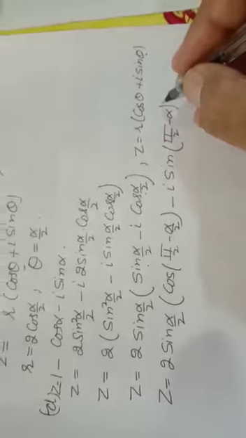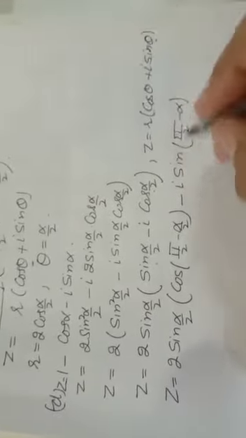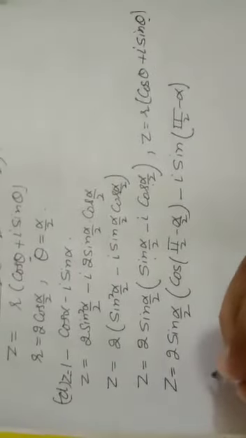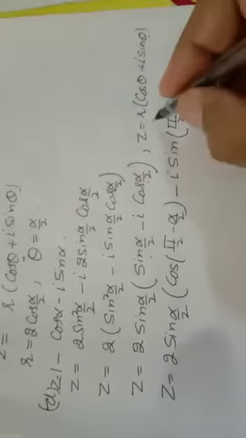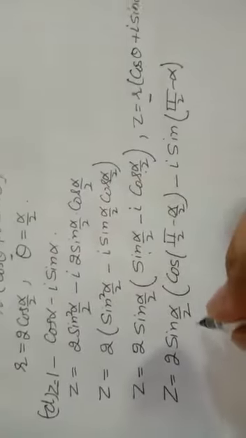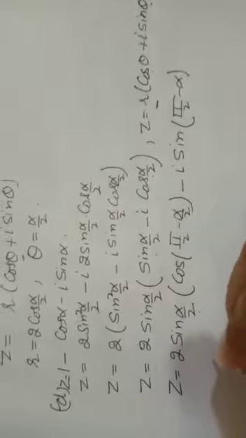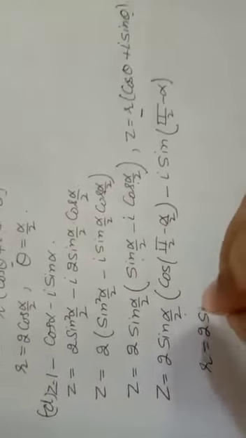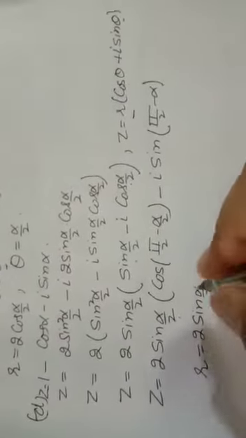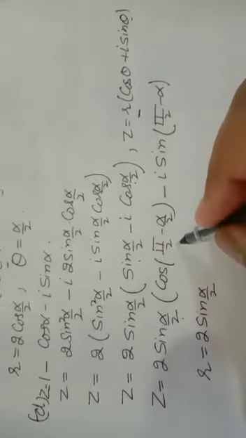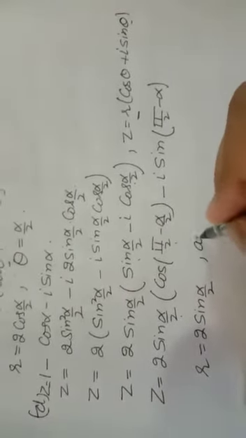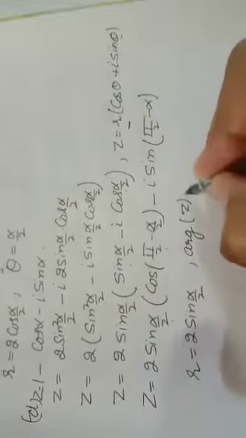This expression is coming. So what will be our z value, the modulus value? If we are comparing, r here is 2 sin alpha by 2. And what's the angle value? The angle value here is what we call the argument of z, that is theta.